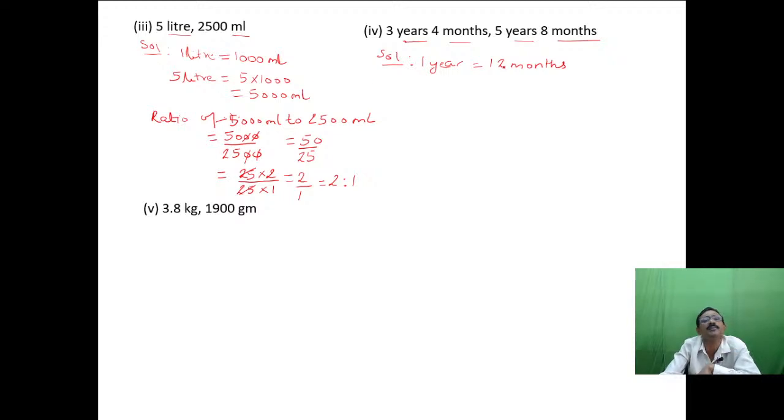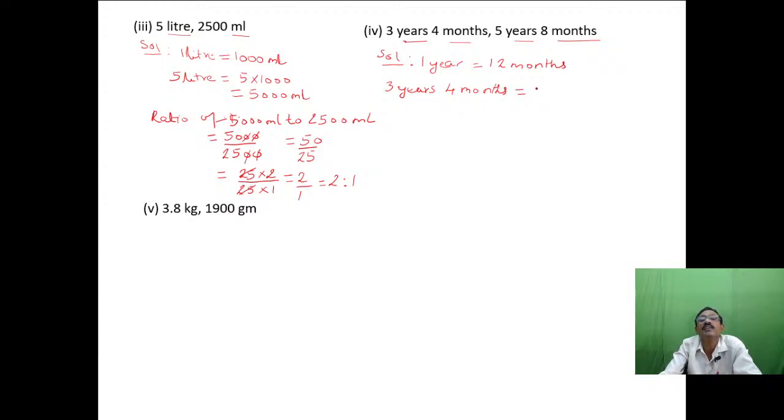Similar to the previous sum. Here we have 3 years and we have 4 months. Let us convert this. Now 3 years and 4 months.